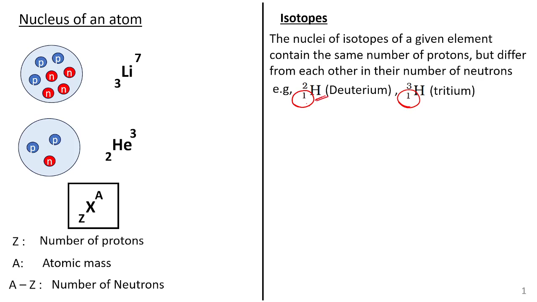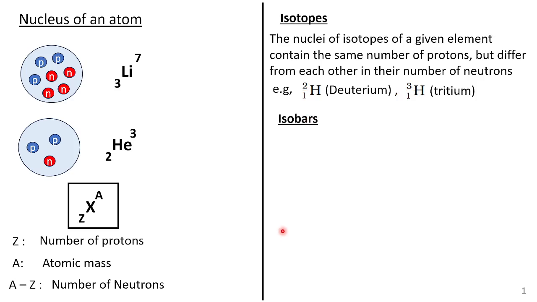We write the same element, the same chemical symbol. So two elements are said to be isotopes if the lower numbers are equal. Only the number of protons is the same; other numbers will be different.